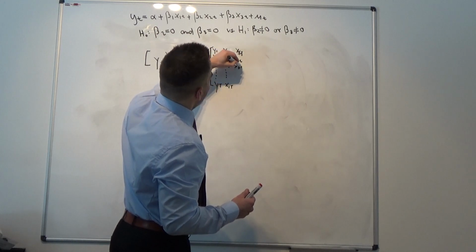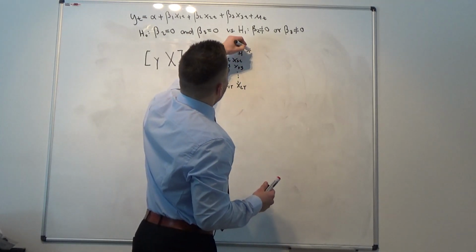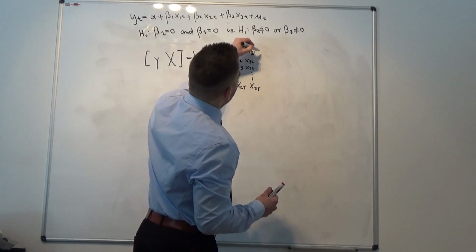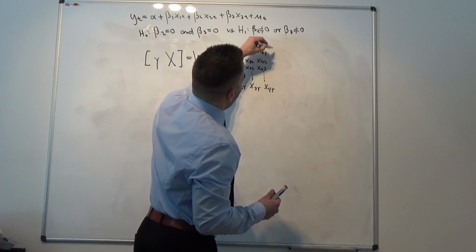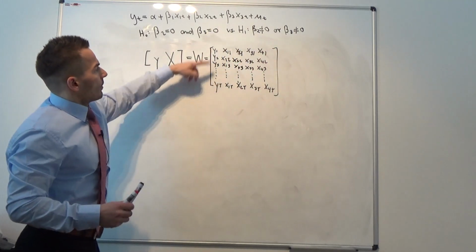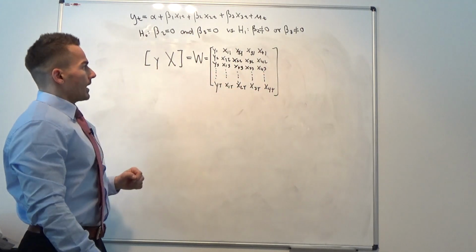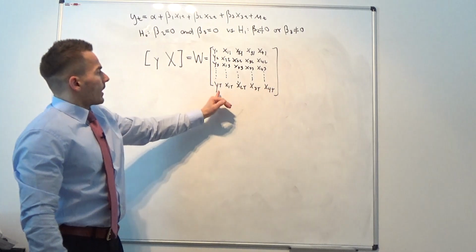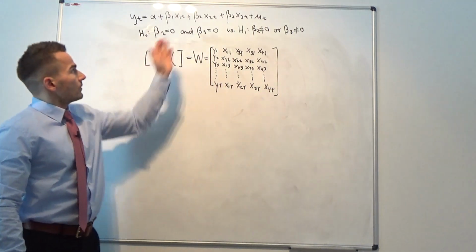The next column vector is x21, x22, x23 until x2T. Then x31, x32, x33, and so on until x3T, and the last one is x41, x42, x43, and finally x4T. We basically just plug the dependent variable vector and our regressor matrix into a common matrix and denote it as W. So the first column vector is our dependent variable, and column vectors 2 until 5 are the corresponding regressors in our model.